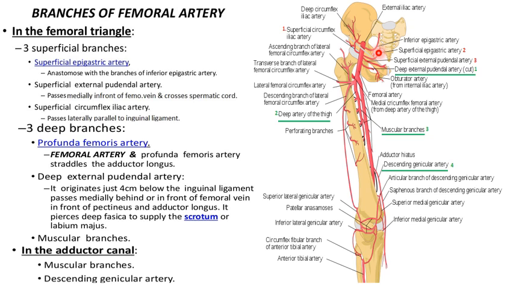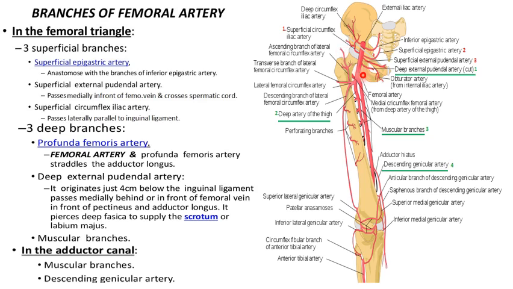Then the superficial external pudendal crosses the femoral vein and spermatic cord. It goes onto the medial aspect to supply the genital areas. And the superficial circumflex iliac courses laterally along the inguinal ligament and joins with other branches to form anastomosis.